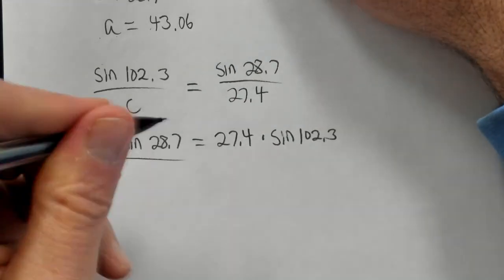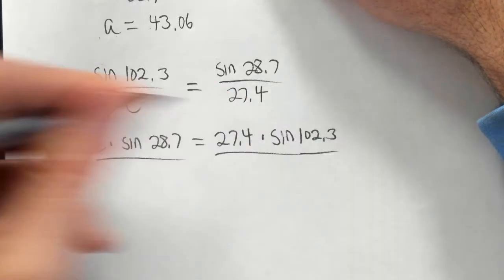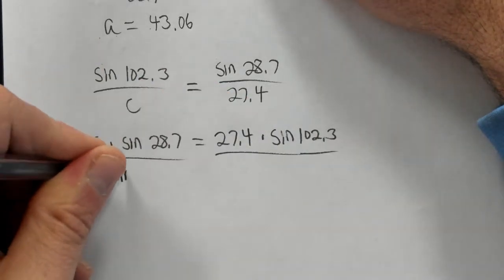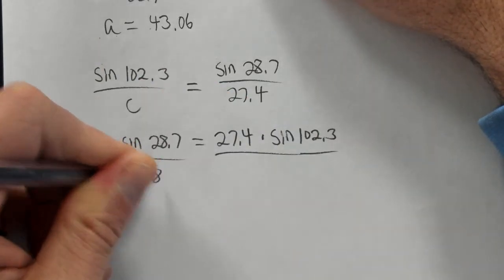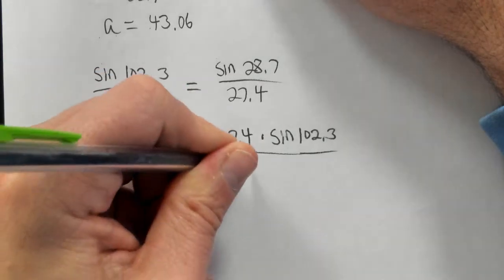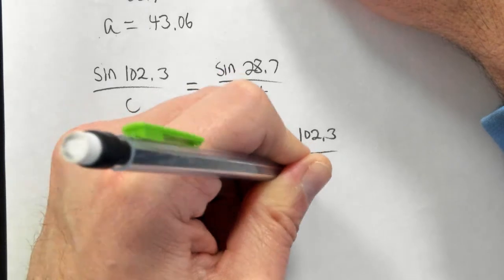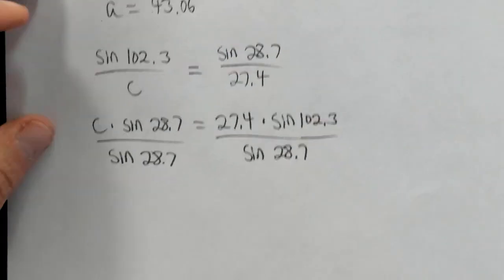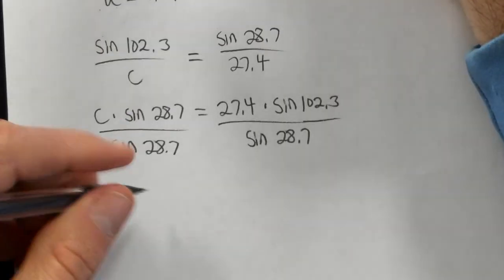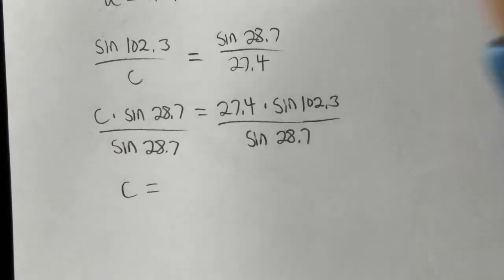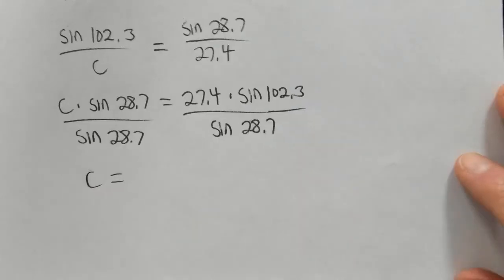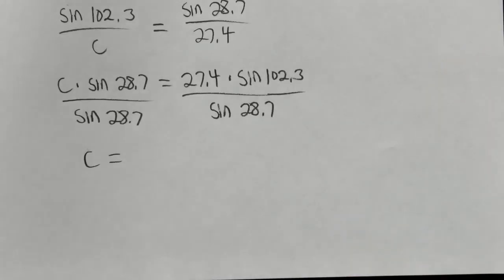So I'm going to be dividing both sides here by the sine of 28.7. And so from here, that'll cancel out and leave me with C equals, which is what I want. And so now we're ready for our calculator again.